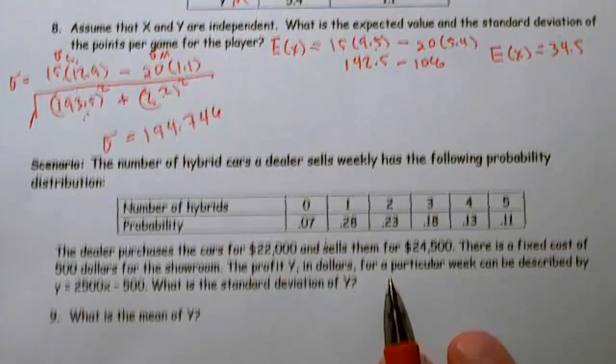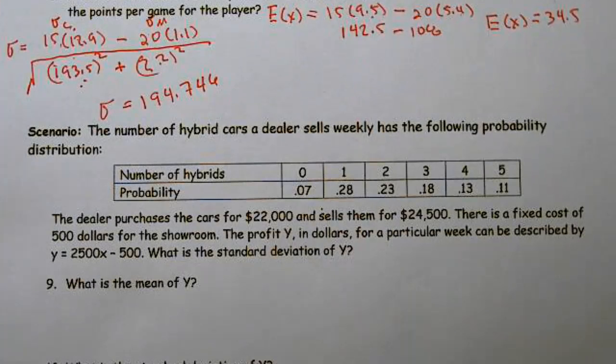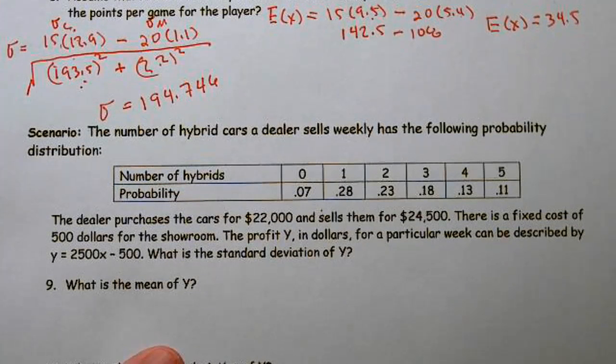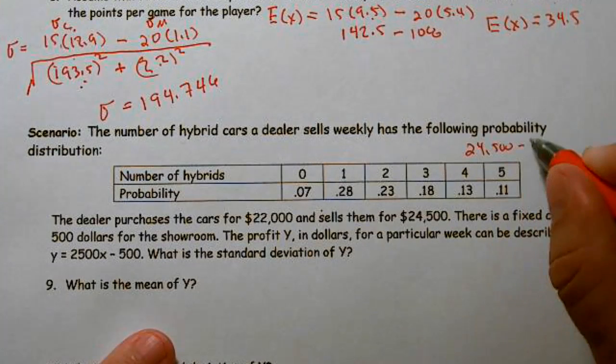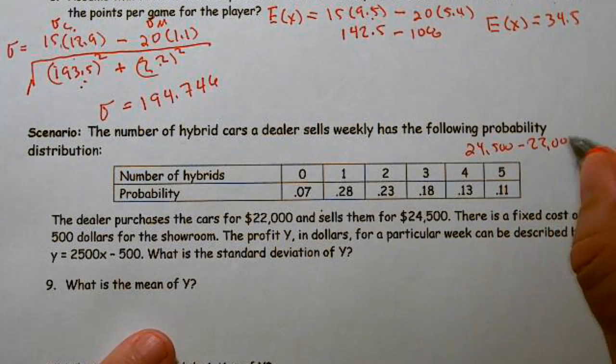So the number of hybrid cars a dealer sells weekly has the following probability distribution. Okay. The dealer purchases the cars for 22,000 and sells them for 24,500. So real quickly, 24,500 minus 22,000 equals $2,500 worth of profit.